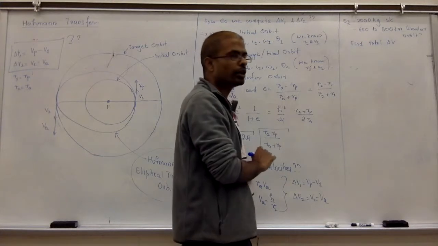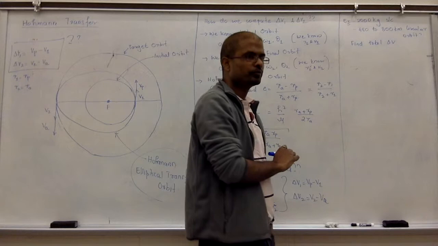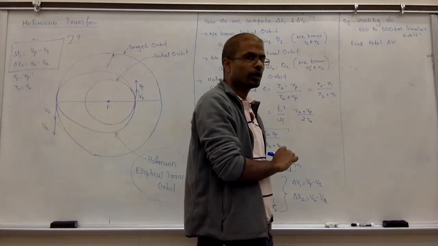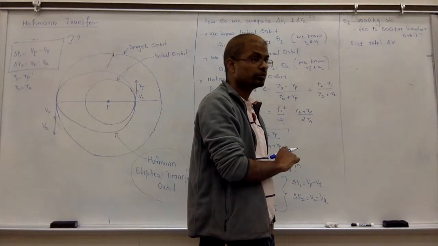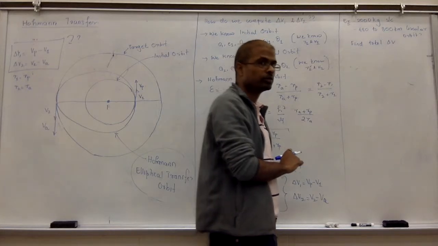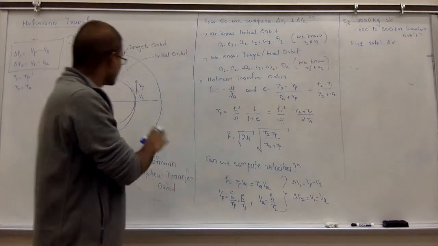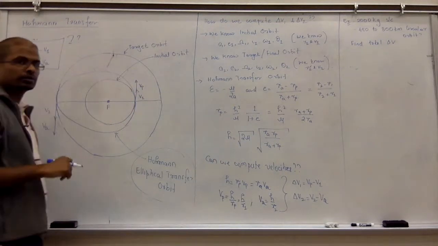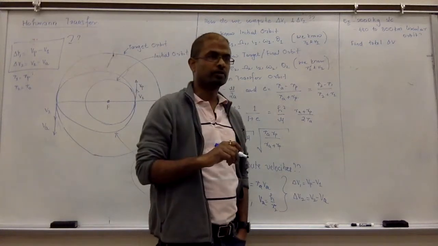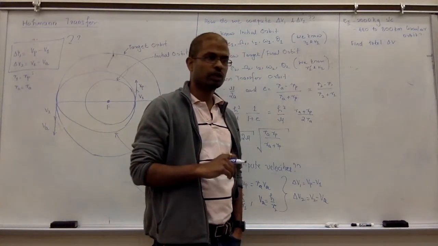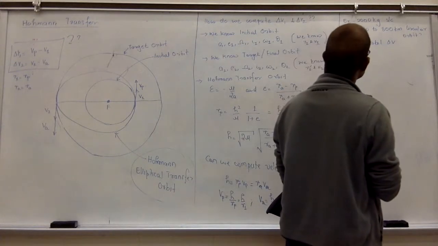So what is the total delta V? It is delta V1 plus delta V2. We are only talking about magnitude, not doing the vector thing, so we just add the two delta V's.